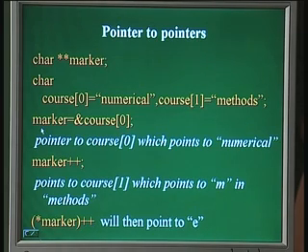So when you say marker equal to course 0, it will point to numerical, and when you say marker plus plus, it will point to methods. Having said that, if you say star marker plus plus, it will point to the next element of that array. We will use exactly the same approach when we want to work with two-dimensional arrays. So this is important, you remember this.